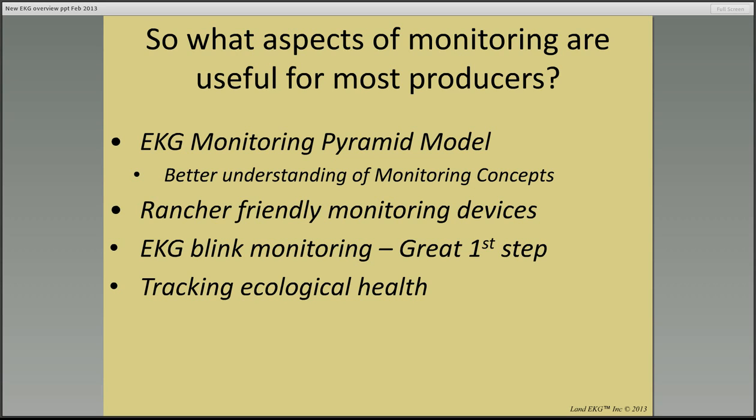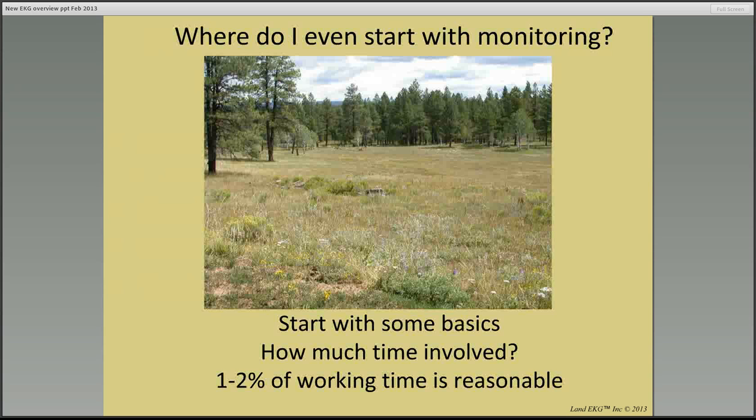We've got a methodology that has been a breakthrough for us, called EKG Blink monitoring, and I continue to think we've really knocked on the right door there, because it's rapid, it's repeatable, it's objective. It doesn't necessarily require plant identification, which is oftentimes an intimidating aspect for people wanting to engage in monitoring. And then we've got a level that also allows us to truly track ecological health, and we'll talk about that a little bit.